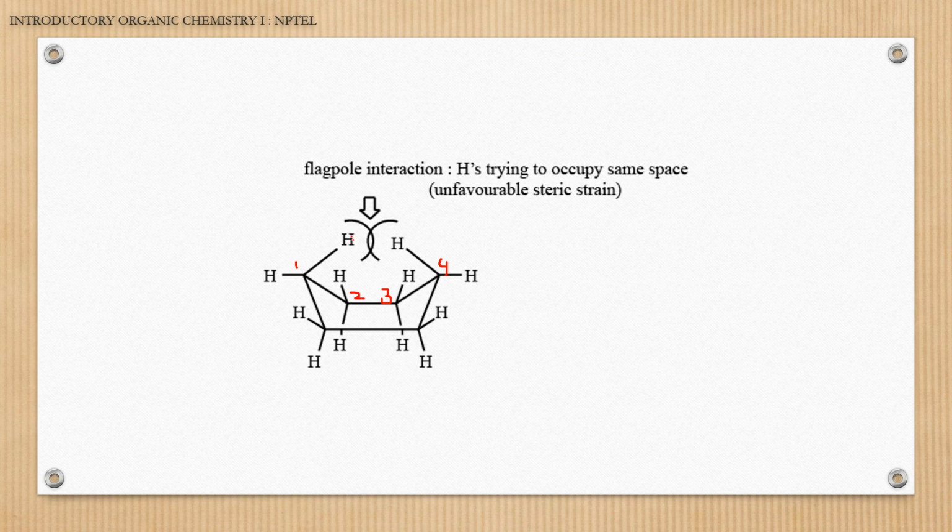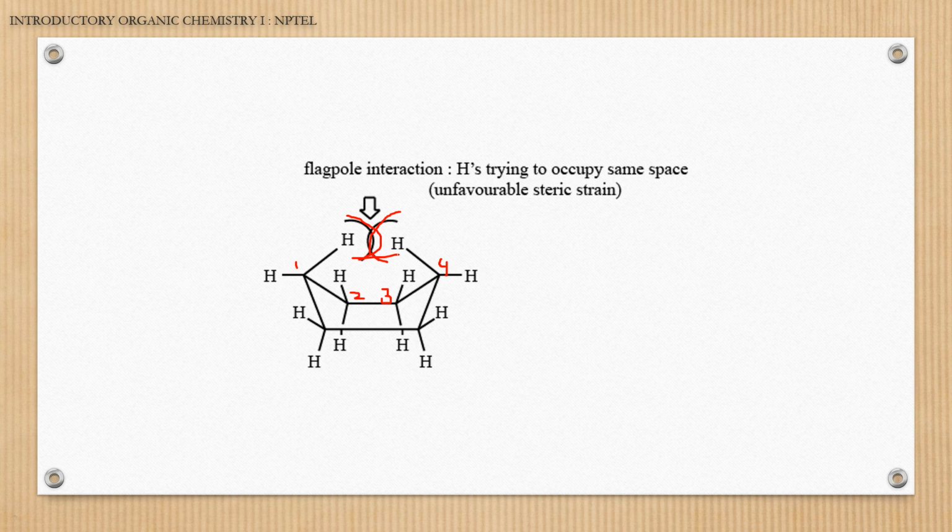That is why the flagpole hydrogens are located at C1 and C4. You need to know the boat conformation structure and the hydrogens which come together. Two hydrogens come in proximity, so they are named flagpole hydrogens. The location is at C1 and C4.